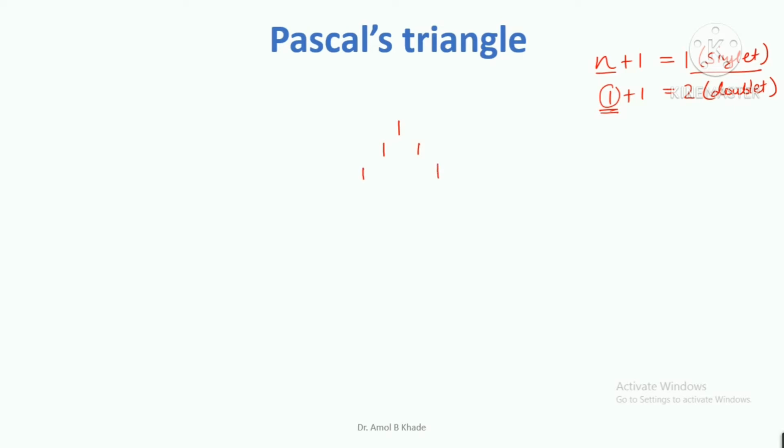Exactly at the center of this 1 we can make it 2. So this is 1:2:1, where n is 2. Here n is 1, and here n is 0.